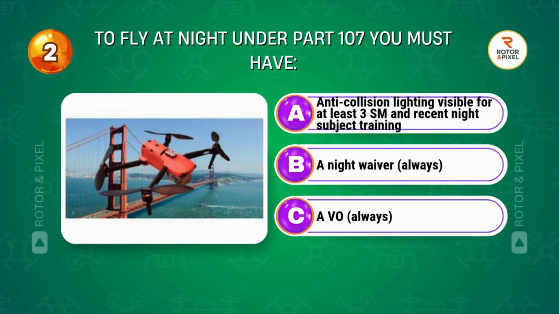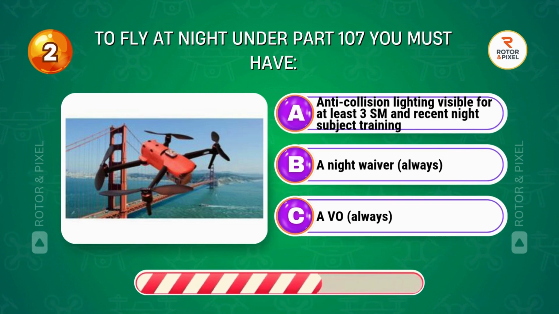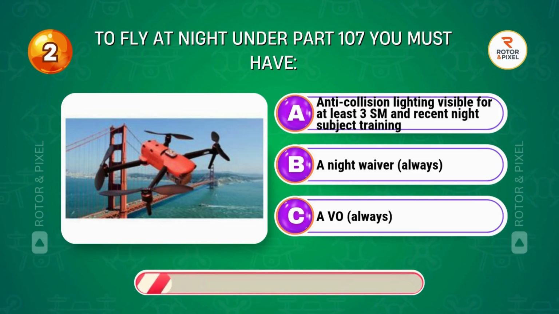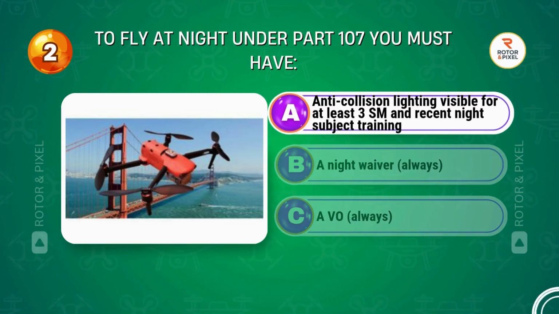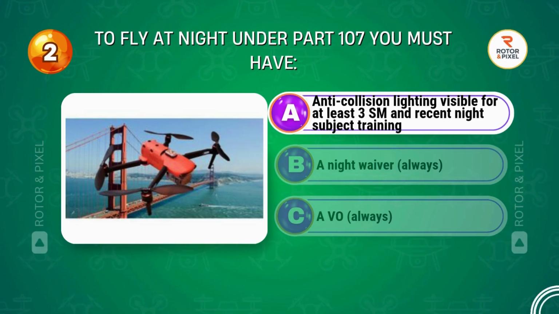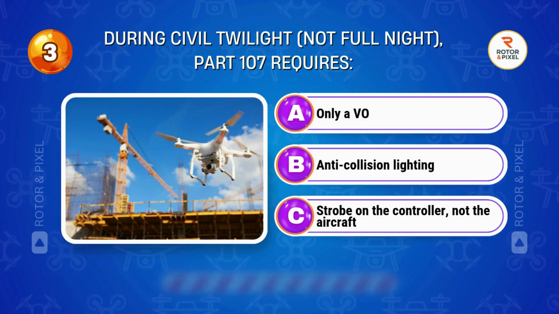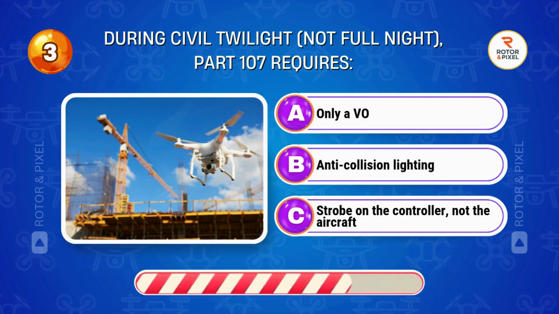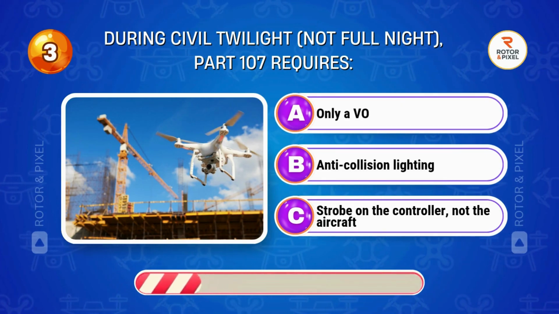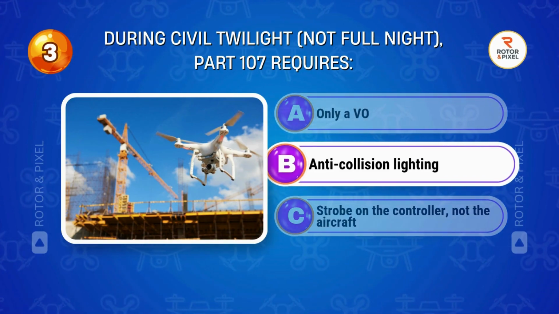To fly at night under Part 107, you must have... Answer A, anti-collision lighting visible for at least 3 SM and recent night subject training. During civil twilight, not full night, Part 107 requires... Answer B, anti-collision lighting.